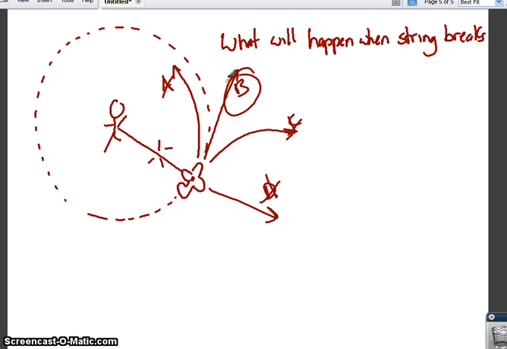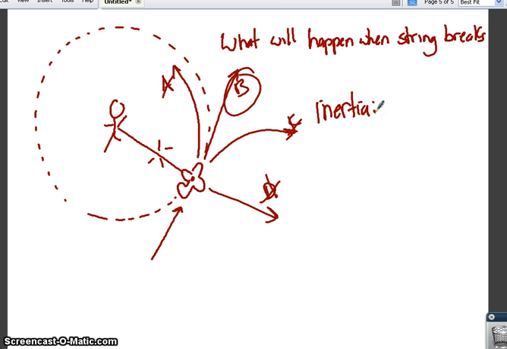Because once that string breaks right here, nothing is going to cause it to accelerate. It has no reason to accelerate inward. And because it's not accelerating inward, the velocity will continue along the direction of motion. Remember this concept of inertia, that anything going in a direction will stay in that direction.